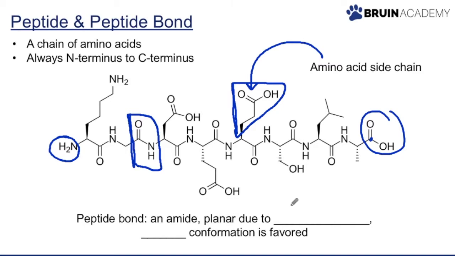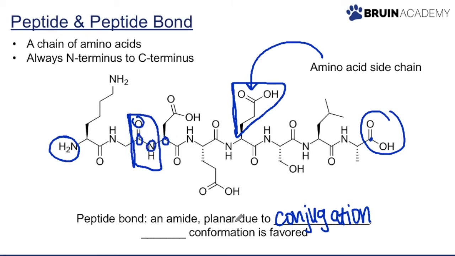It's planar due to conjugation. If you remember, conjugation is caused by 3 overlapping adjacent and parallel p orbitals. So we have 1, 2, 3, actually 4 here, this planarity.